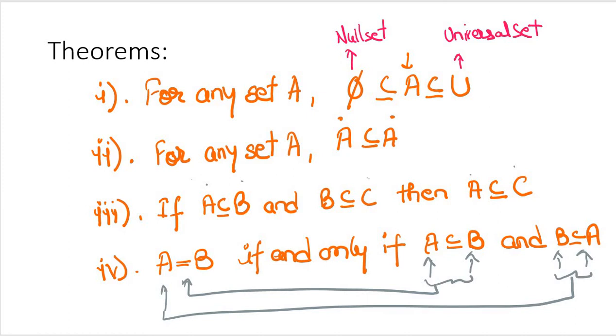Now next is the number of subsets of a set. That means for a particular set A, how many subsets I can have.